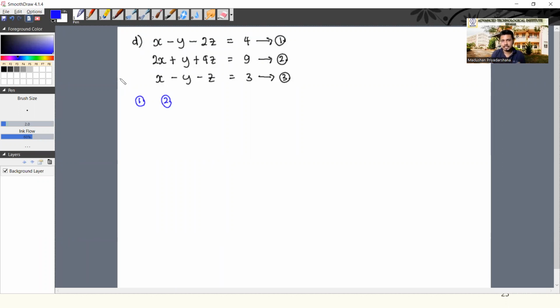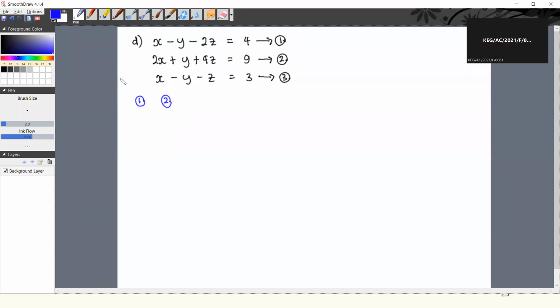In the next step, we need to eliminate the variable, the particular variable for which we have made the absolute value similar. So to remove y, with respect to equation 1 and 2, do we need to add or do we need to deduct?